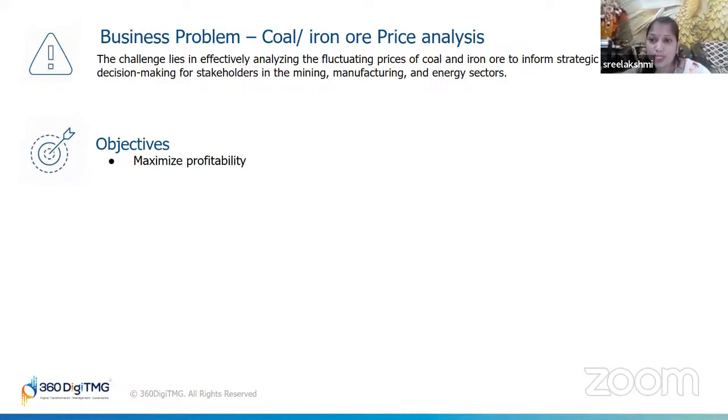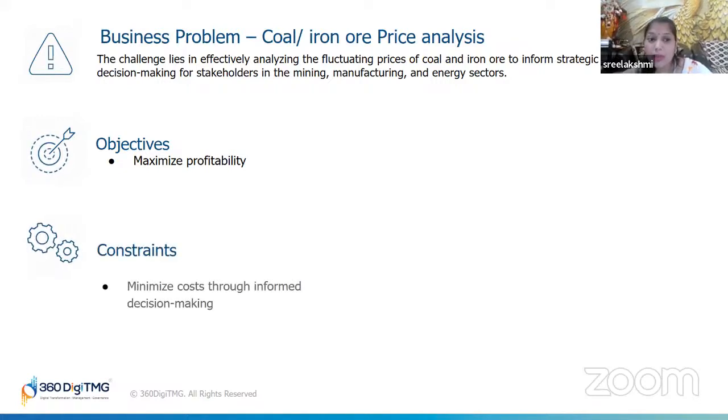Coming to our objectives, the objective of this project is to maximize profitability. Coming to the constraints, we have to minimize costs through informed decision making. Profitability means we have to decide at what time we are supposed to buy the iron ore or coal.